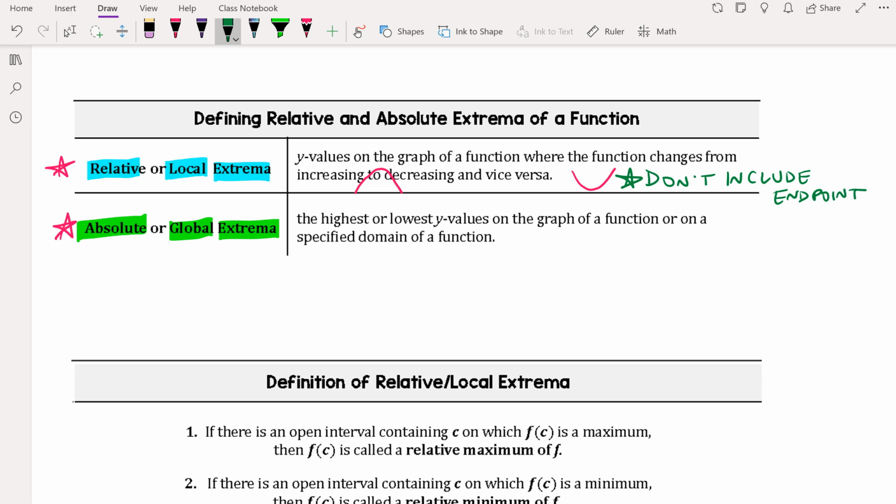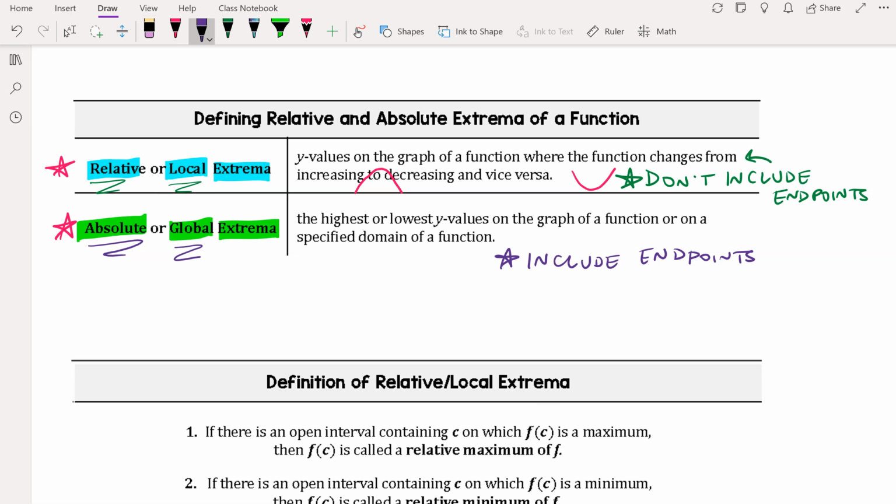For relative extrema, don't include endpoints. For absolute extrema, you want to include endpoints. We are going to look at the ends if we're asked to find the absolute extrema. So that's super important. Absolute or global, you want to include endpoints. Relative or local, you do not want to include endpoints.